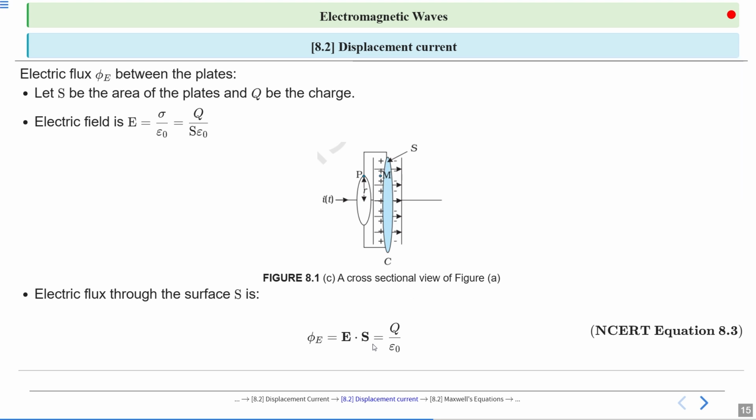So E dot S will become ES cos 0 degree, because of the angle between the electric field and the area vector.